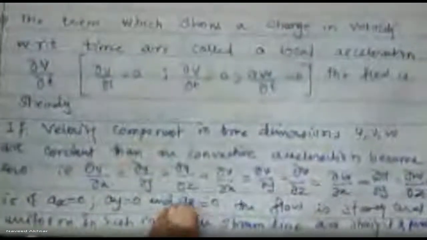But if the velocity components in three dimensions u, v, w are constant, then the convective acceleration becomes ∂u/∂x = ∂u/∂y = ∂u/∂z = ∂v/∂x = ∂v/∂y = ∂v/∂z = 0. If it is constant, it means ax = 0, ay = 0, and az = 0.